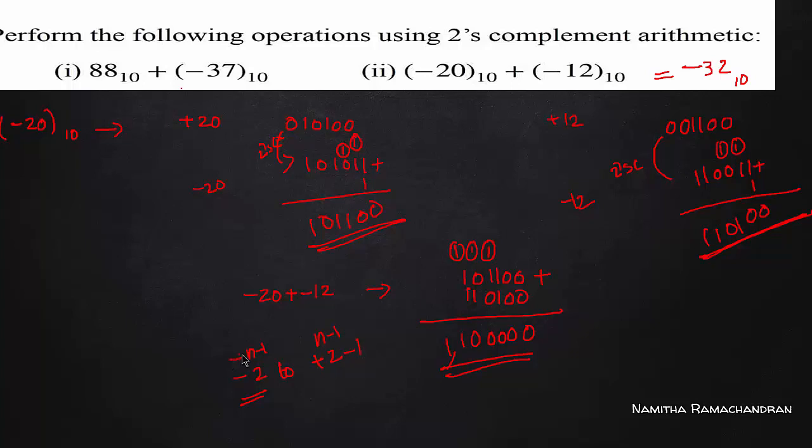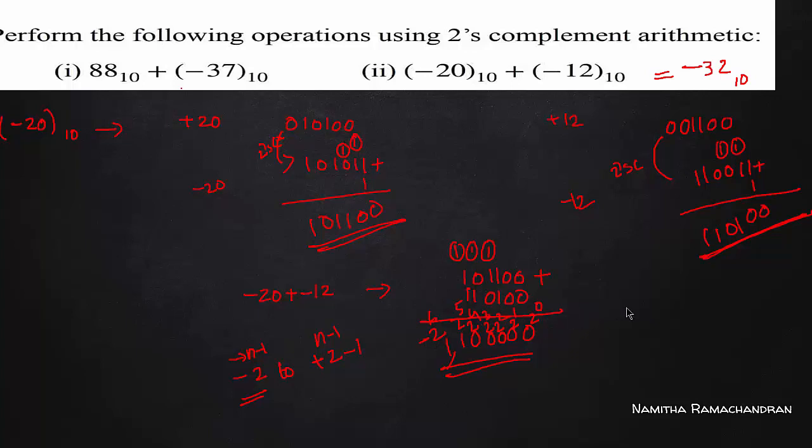This n actually indicates the number of bits present in this binary pattern. Total here we have 3, 4, 5, 6, 7 bits. So n means 7. So arrange this position weightage 2 to the power 0, 2 to the power 1, 2 square, 2 cube, 2 to the power 4, 2 to the power 5 and minus 2 to the power 6.